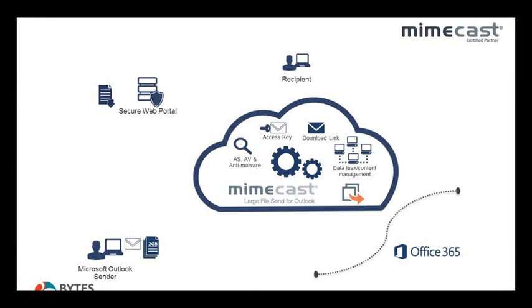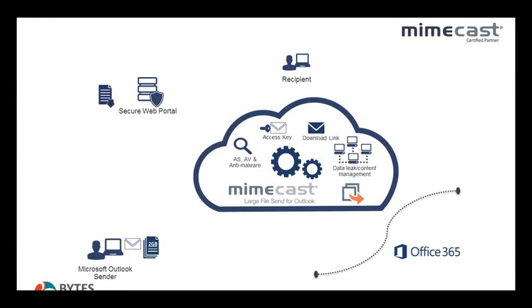Another interesting tool that we've recently launched is called Large File Send for Outlook. Now, this is only accessible at the moment through the Outlook plugin, so you'd need to deploy that. But essentially, what it does is it allows users to securely transact files of up to 2 gigabytes with internal and external parties, bypassing the actual messaging infrastructure, whether that's Exchange or Office 365.